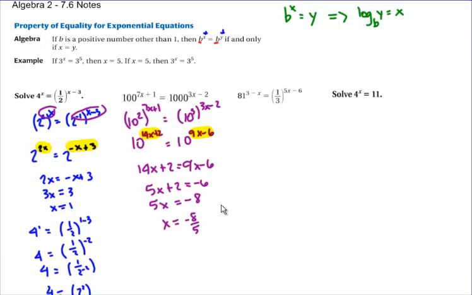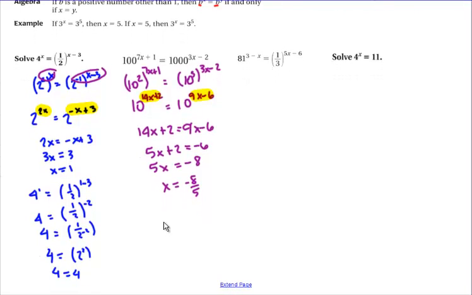And you can check that. We just want to make sure that we're going to get the exact same number from both sides. And so to check it, we're going to have 100 to the 7 times negative 8/5 power plus 1 equals 1,000 to the 3 times negative 8/5 minus 2. You may need your calculator out to punch in some of these numbers, and that's certainly okay.